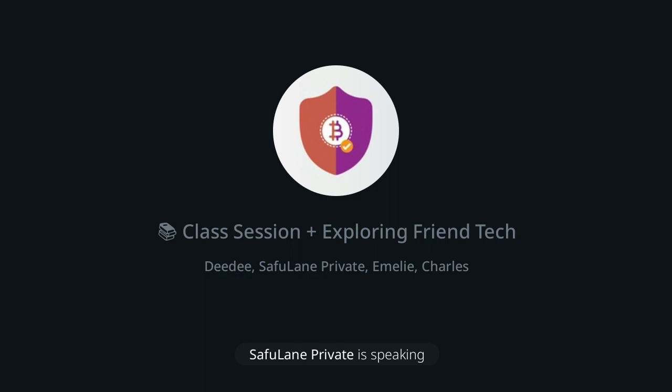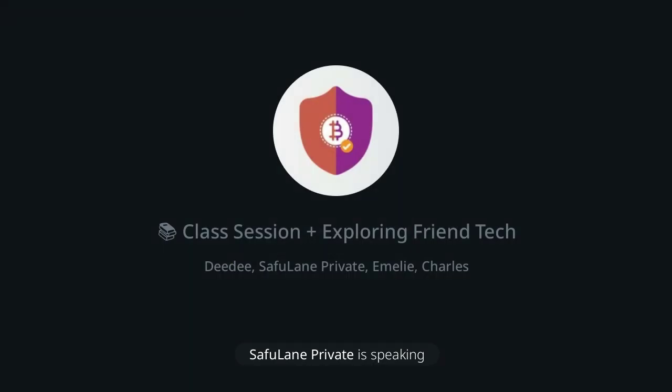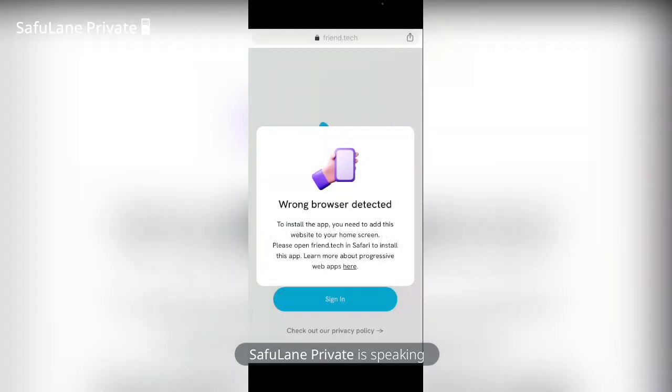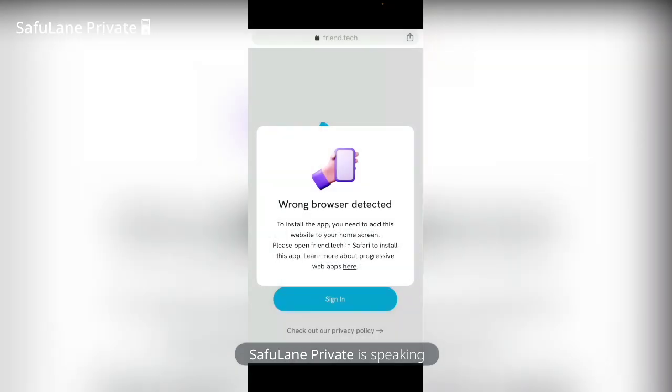Okay, so back to what I was saying. Once you have this, the next thing is to open FriendTech on your Safari, which I have done here. The next procedure is to add it to my home screen. Following the instruction here, you need to add the website to your home screen. Open FriendTech in your Safari, and once you do that, this is what happens.